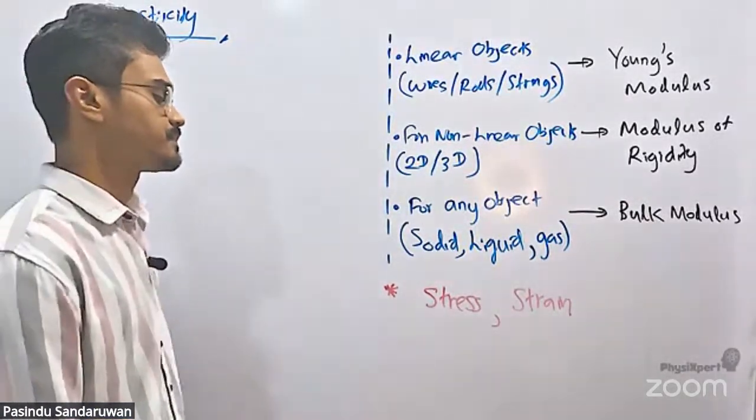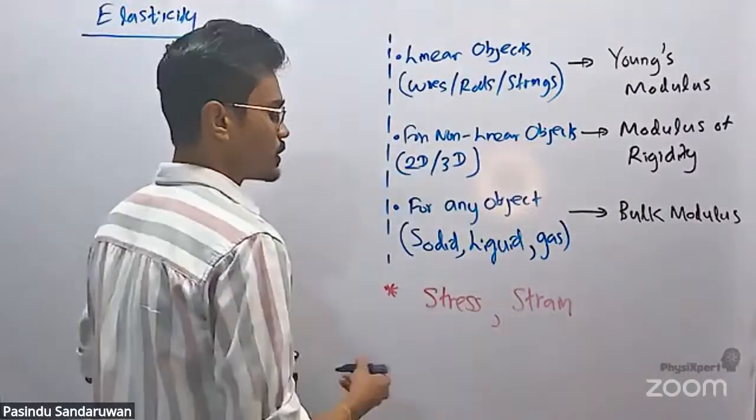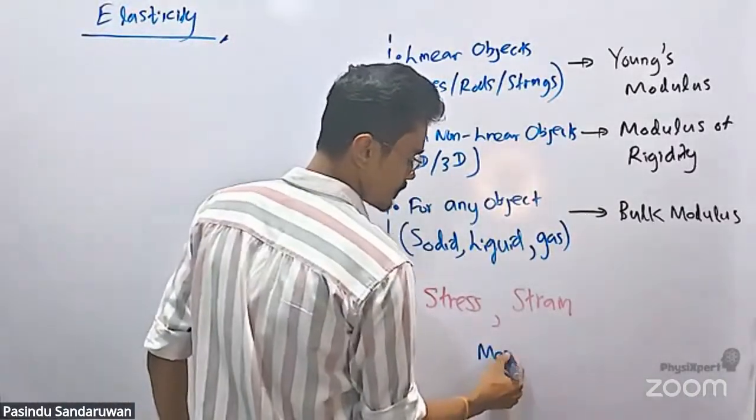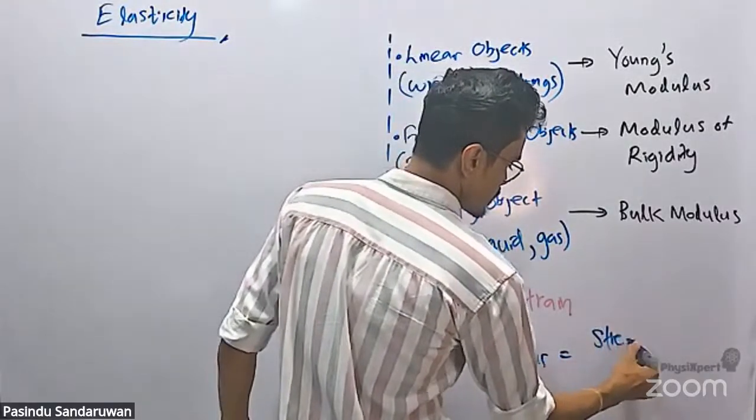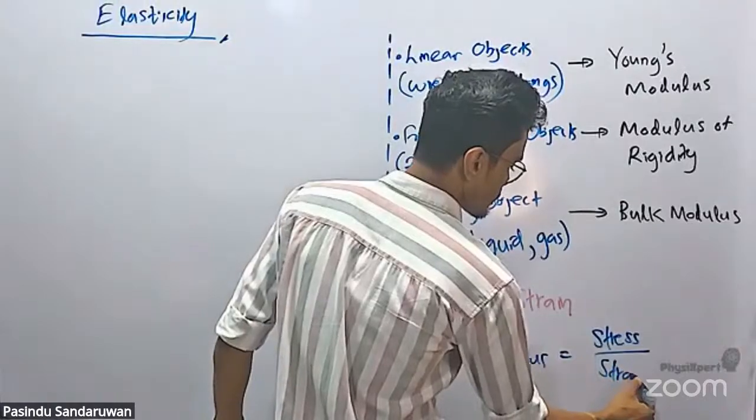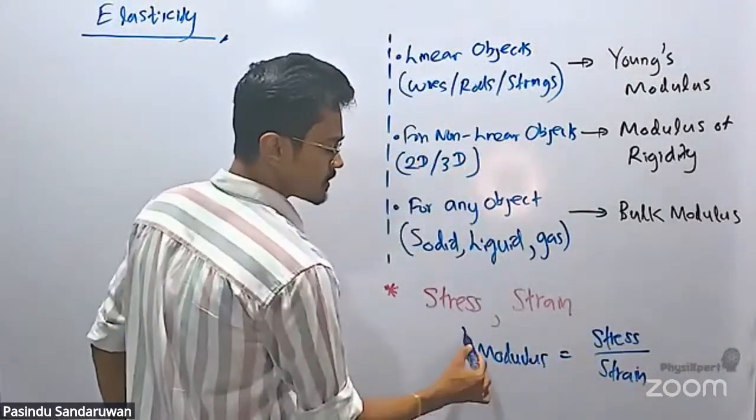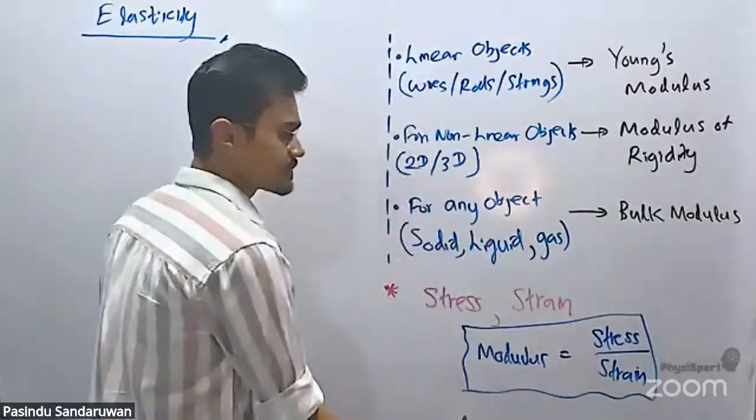Write down below again: modulus equals stress over strain, and square off, highlight this.